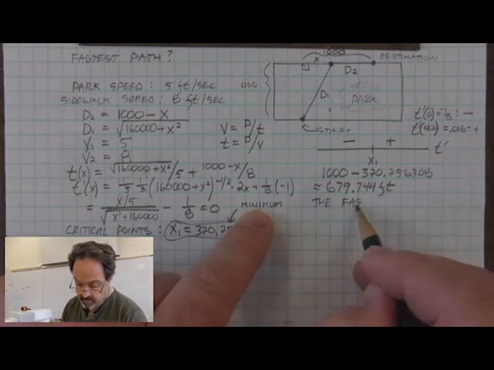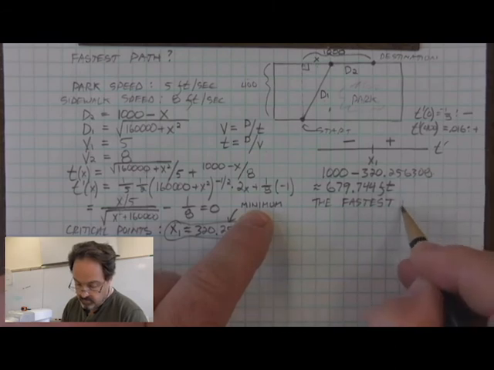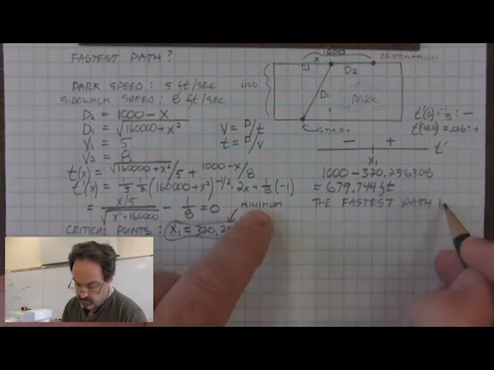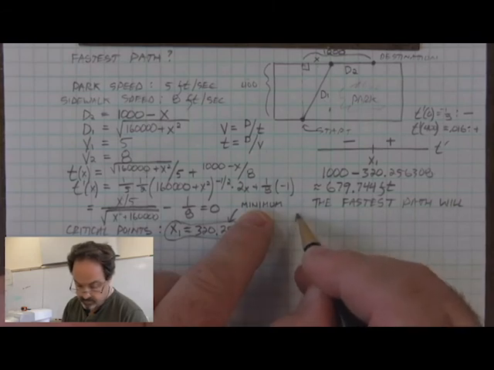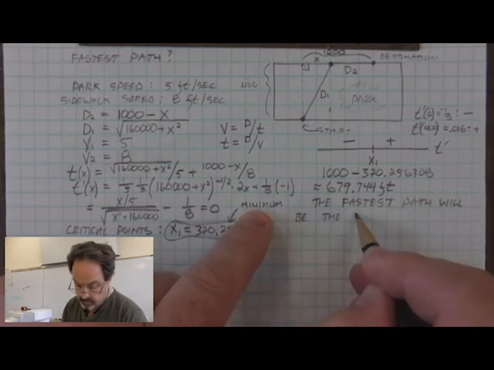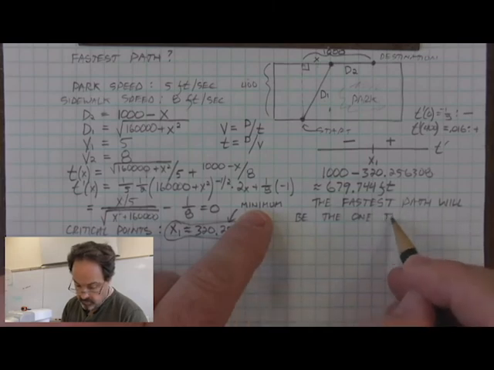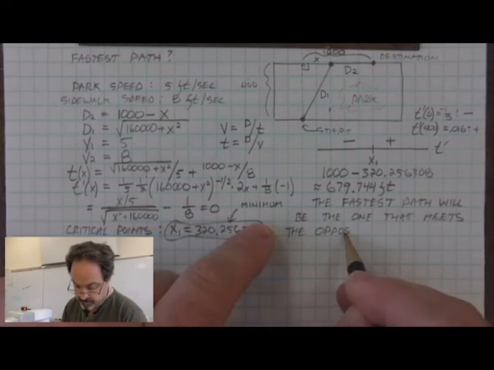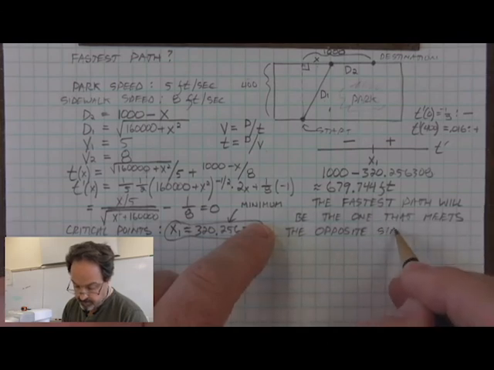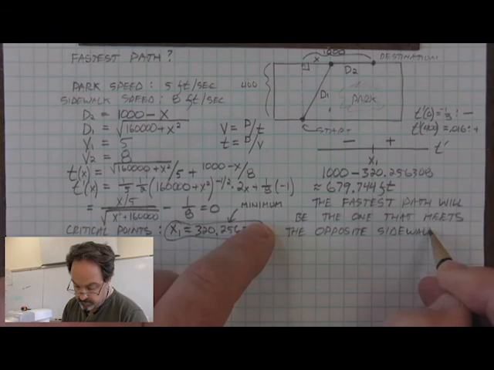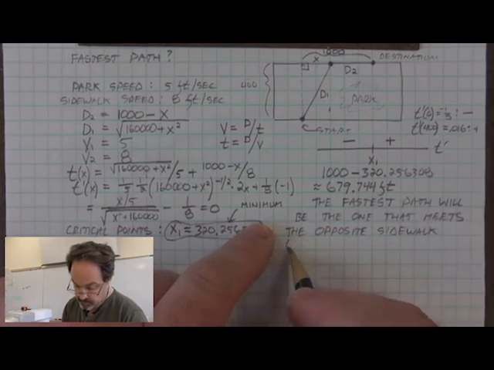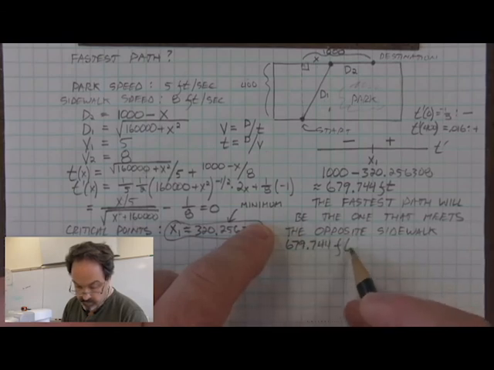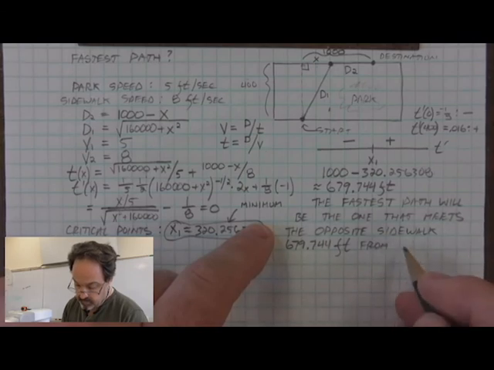The fastest path across the park will be the one that meets the opposite sidewalk 679.744 feet from the destination.